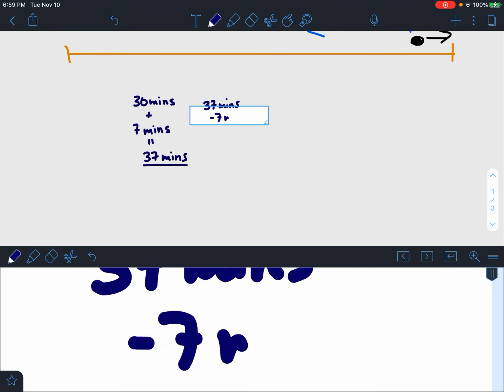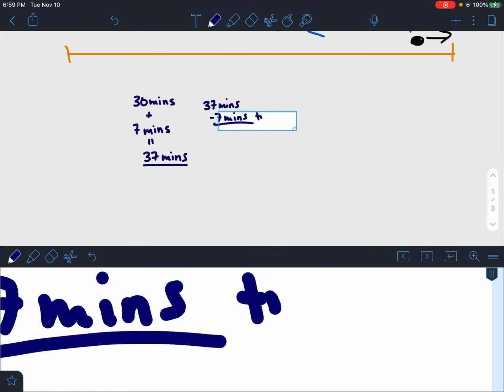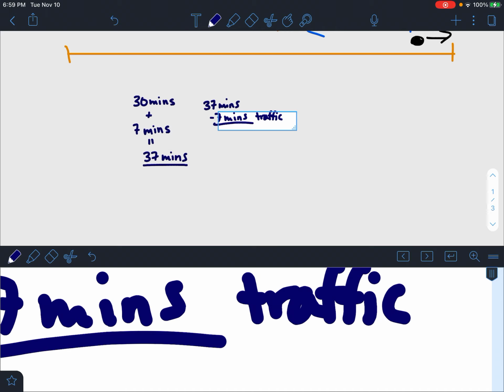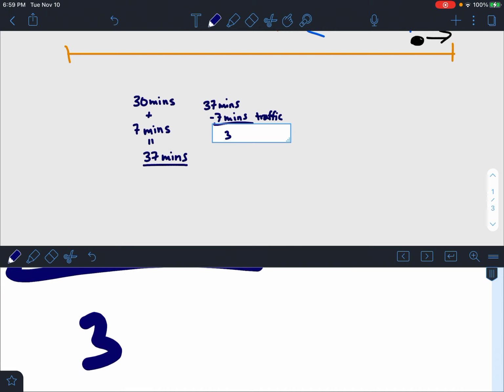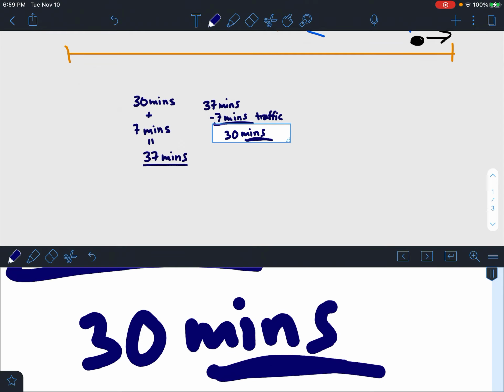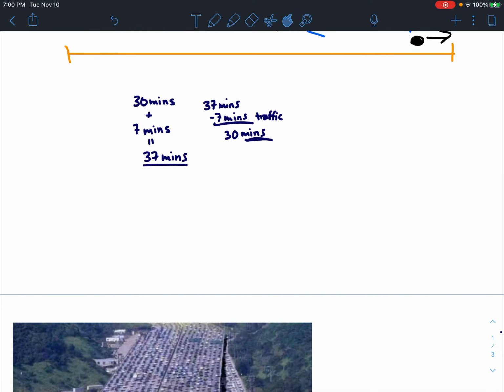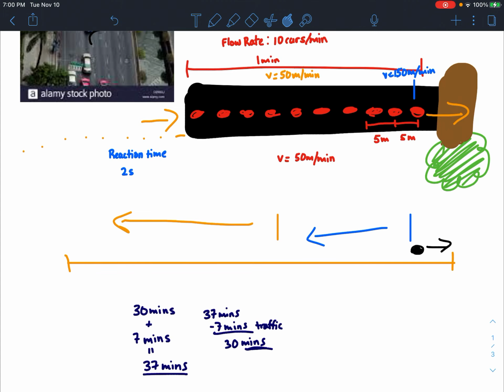Because the 7 minutes is going to be the traffic jam. If it's 30 minutes, then I want 30 minutes. I want to get there faster than 37 minutes. I want to get my seat faster for a concert. So that's what it's calculating.